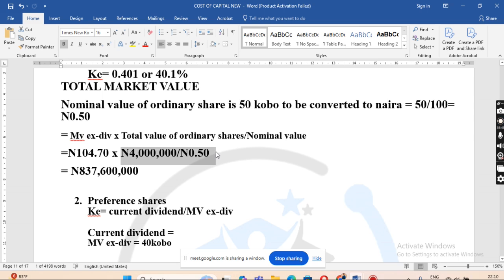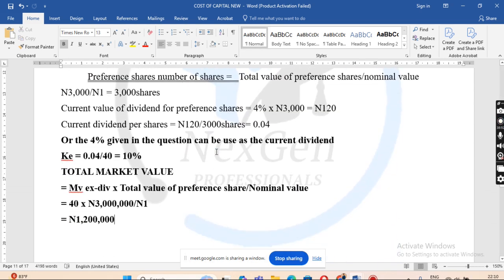I just want it to rhyme so that you know what you are doing. So you're supposed to convert this 40 kobo to naira as well. Just divide it by 100. So when you divide it by 100, what do you have? 0.04 times. I think you should have something similar, but what do you have?